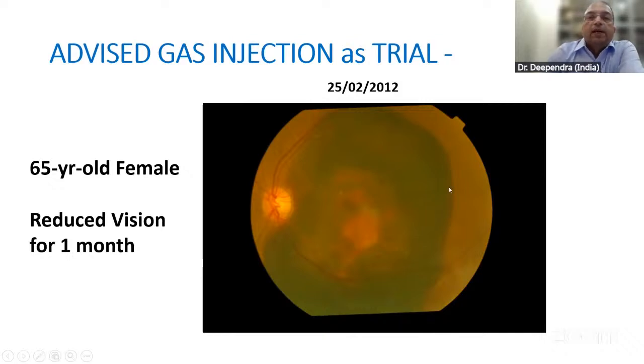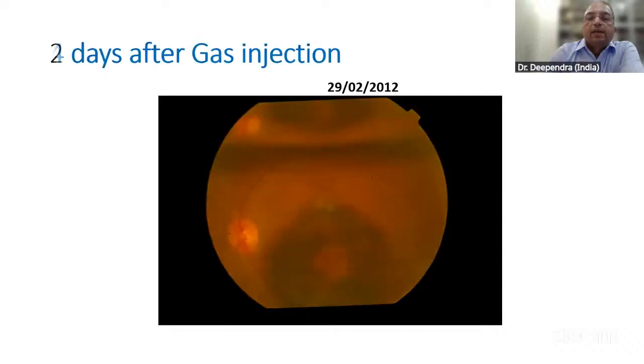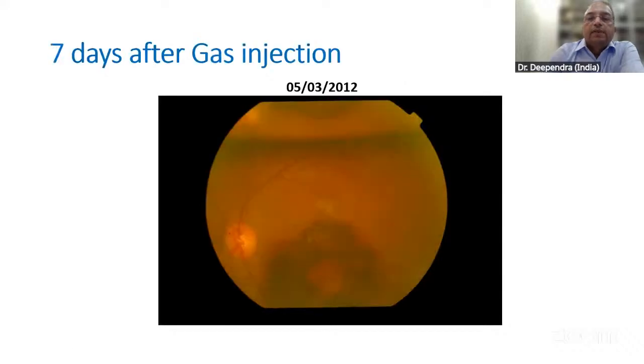So I said, okay, as a trial, I will give you gas and you maintain prone position and let's see what happens. And we did the same thing, but you see the size of the gas bubble, right? It is actually a really large gas bubble which we used in this patient. And 2 days after injection, you can see the significant displacement of blood. And then obviously she kept improving.